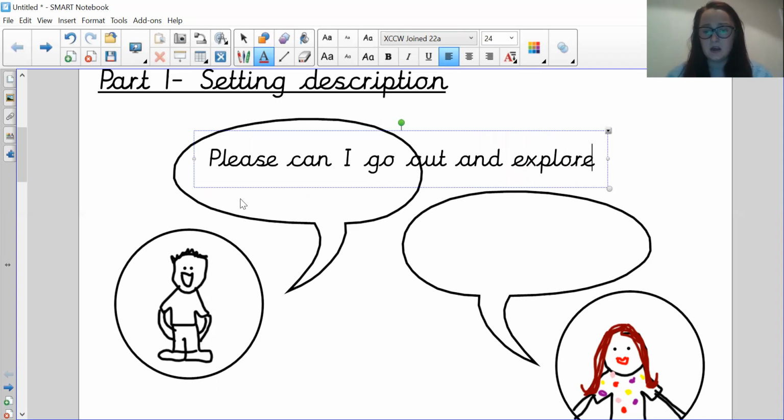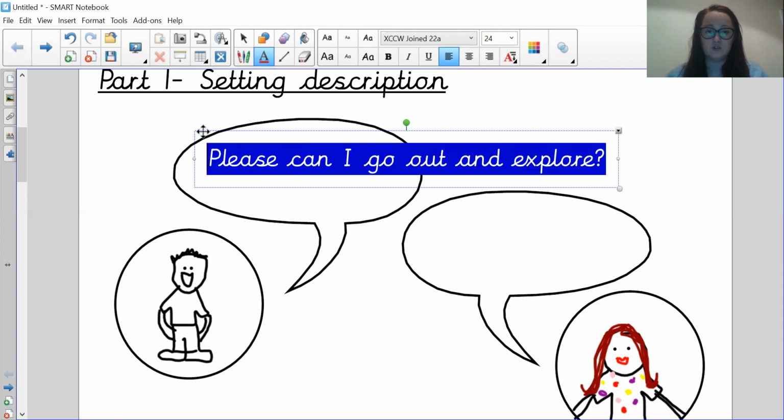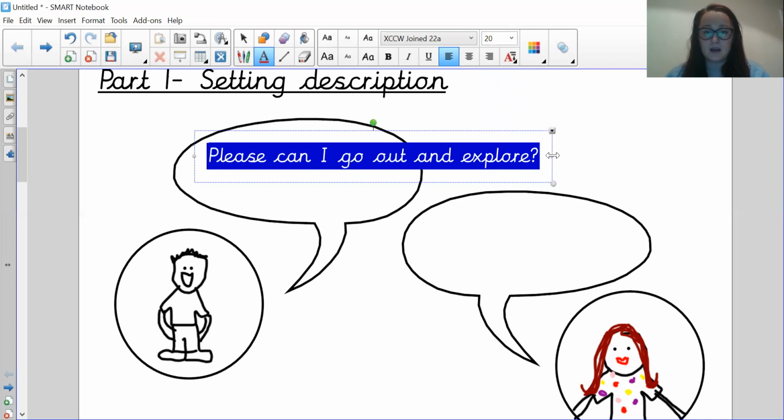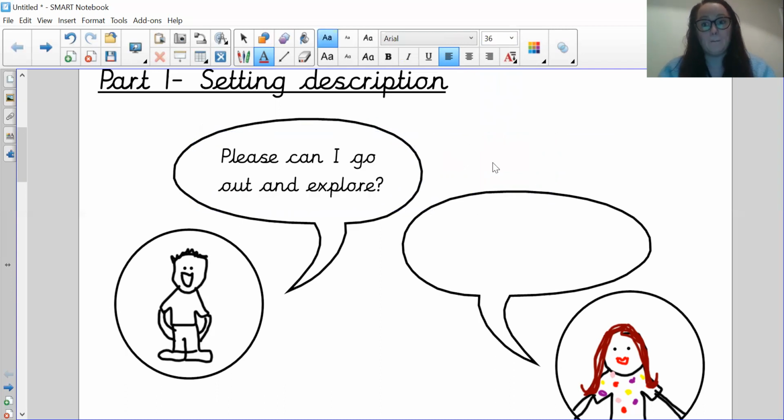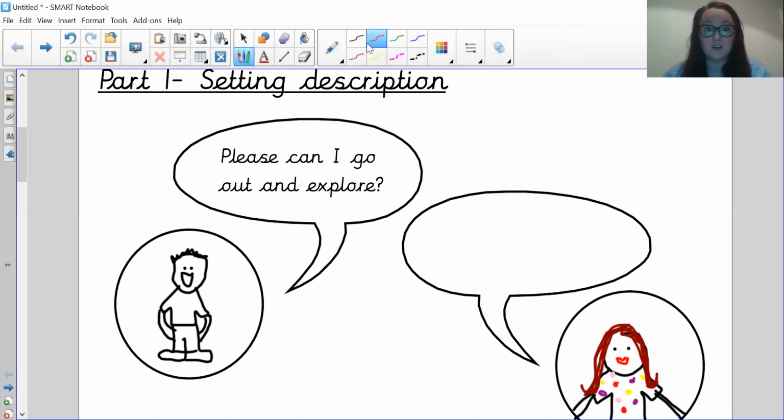So I'm going to add a question mark. All right, I'm just going to make that a little bit smaller so it can fit in my speech bubble. Okay? But there's something missing, Year 3. Can you remember what's missing? I'm missing my 66 and my 99, my inverted commas.